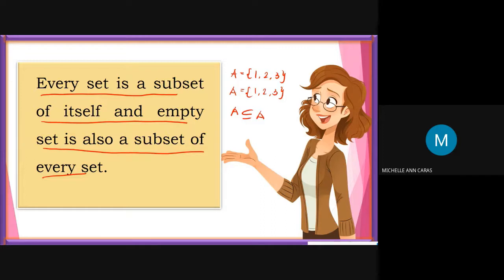Okay, later we're going to have this example sa aton nga activity. Okay. So, examples. So, supposing we are given set R, ang elements ni set R includes 1 and 2. Okay, and we use this formula 2 raised to the power of n.